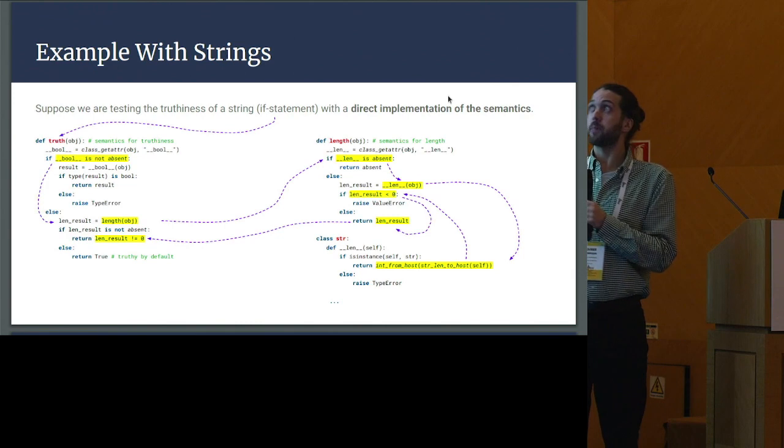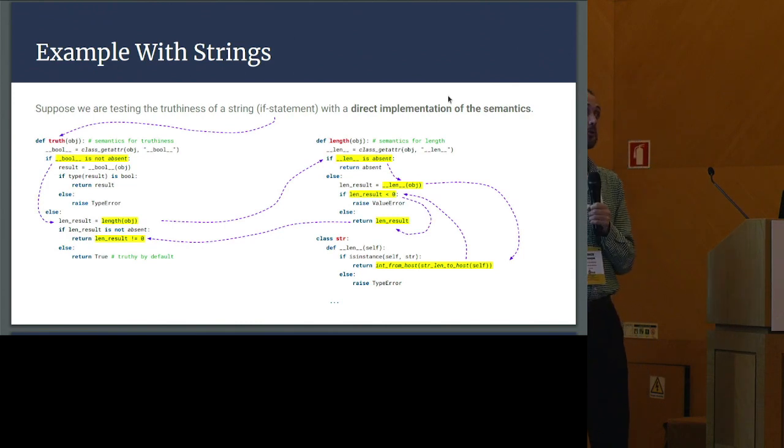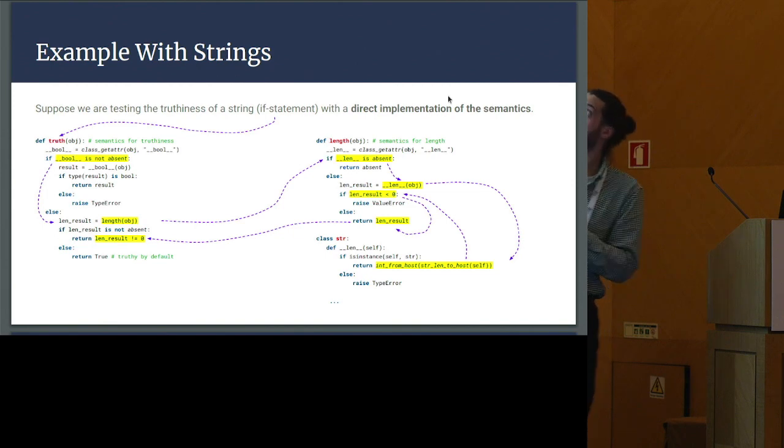At first, Python will try to get its __bool__ method, which would give its truthiness. But on strings, since it's a container, the bool method doesn't exist. So Python falls back on getting its length and checking if it's 0. This is done by calling a semantics in its own right, which is the length semantics.